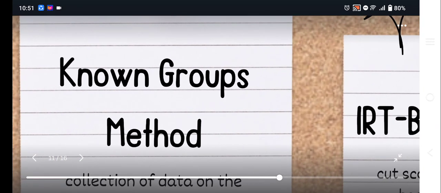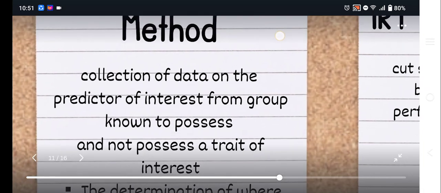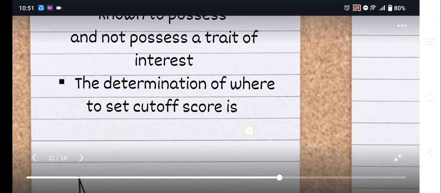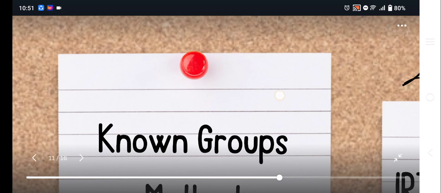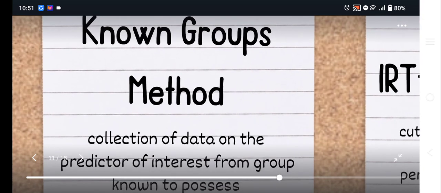Let's proceed to the known groups method. Okay? This is the known groups method, or method of contrasting groups. The researchers or administrators test two different groups at the same time.